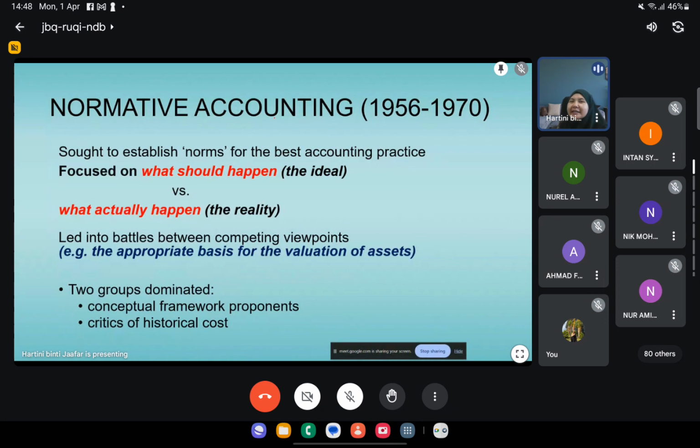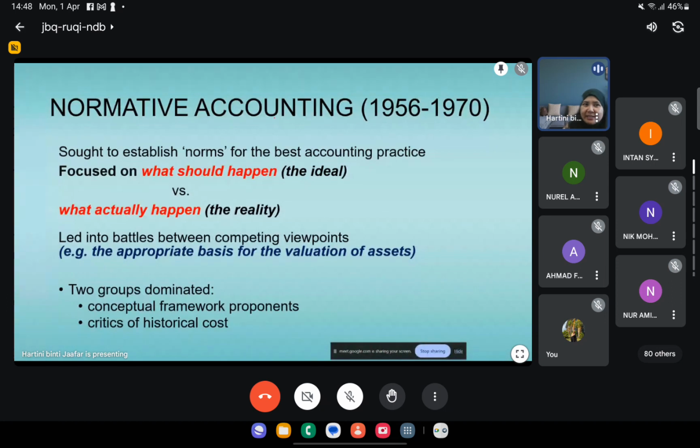So after that, lama juga kan, lama observe tu kan dekat berapa ratus tahun tu duk tengok je kan, empirical observation. So in 1956, along with the establishment of professional body, the normative accounting theory or normative accounting period was born. So kenapa? Sebab apa? Sebab pada waktu itu kita ada accounting professional body kan.